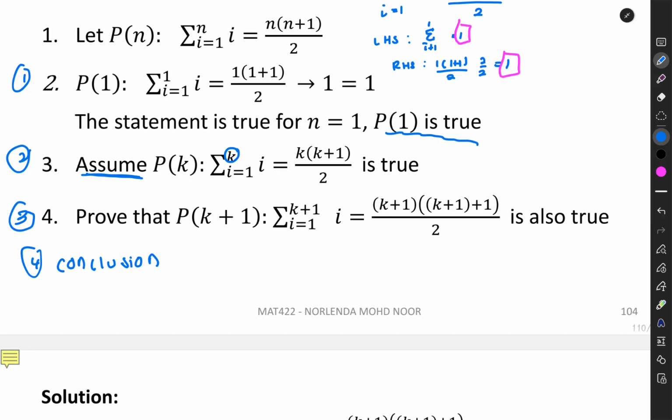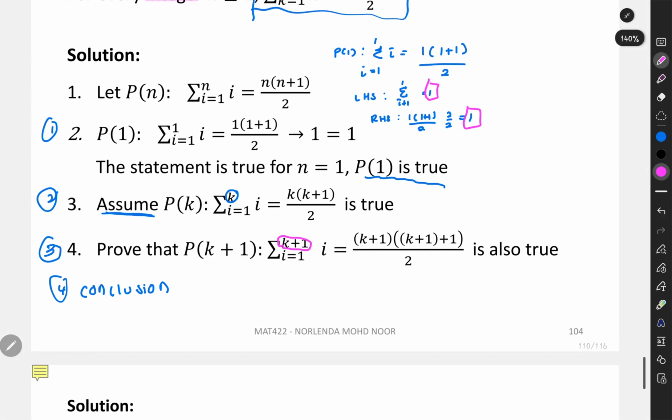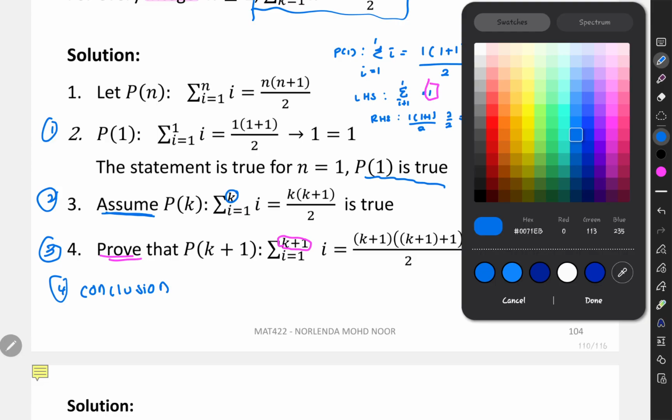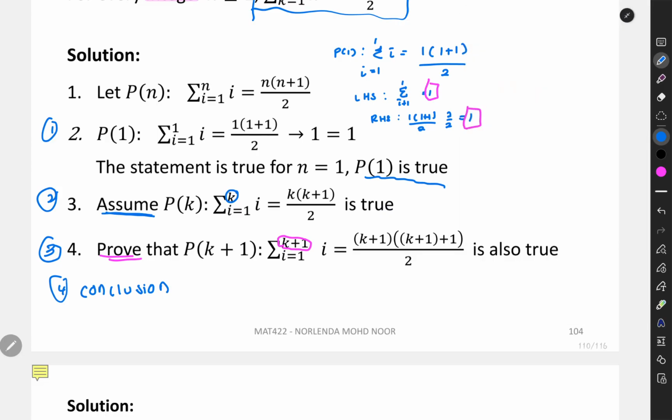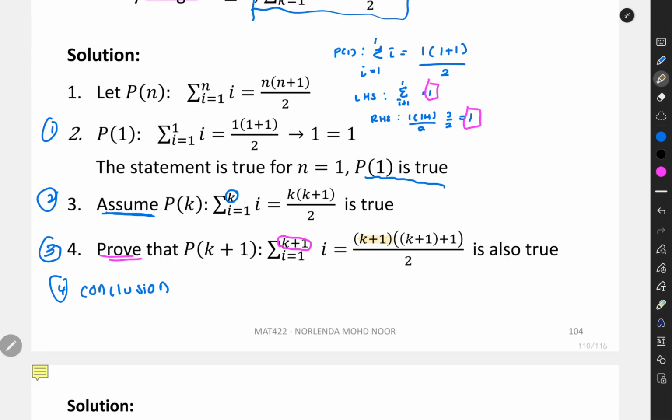So the next step is to prove the summations of your integers starting from 1 up until the k plus 1 term. Okay. So what you do here is simply by replacing all the k with your k plus 1, because that is the, you can consider as upper bound lah. Okay. Or the last term, k plus 1. Yang tu you boleh simplify. Okay. Which then become k plus 1 times k plus 2 over 2.